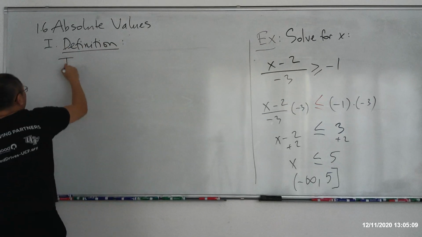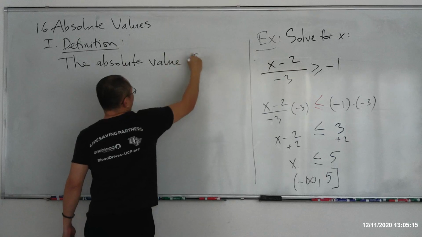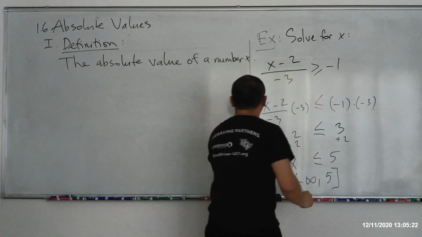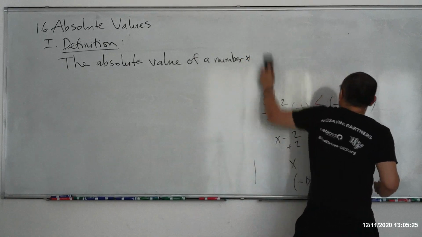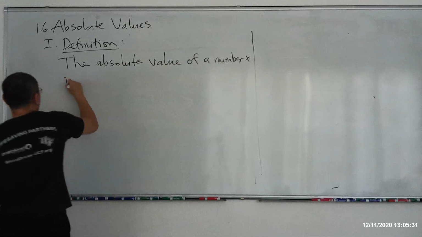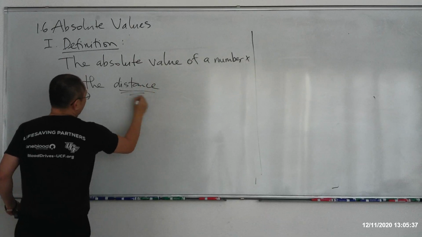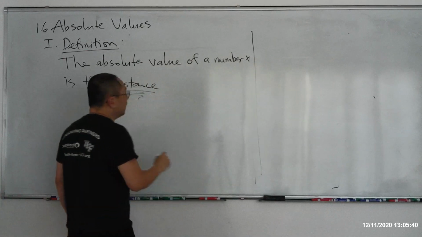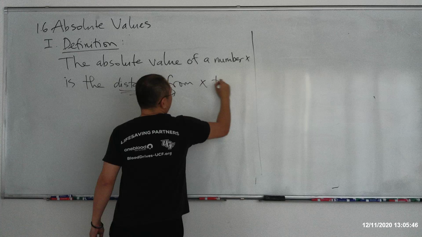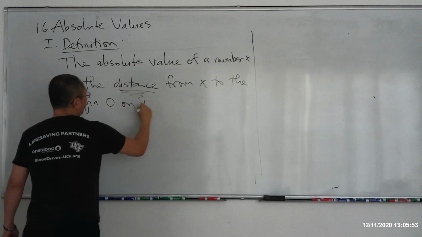The absolute value of a number x is the distance, emphasize the word distance, from x to the origin 0 on the number line.